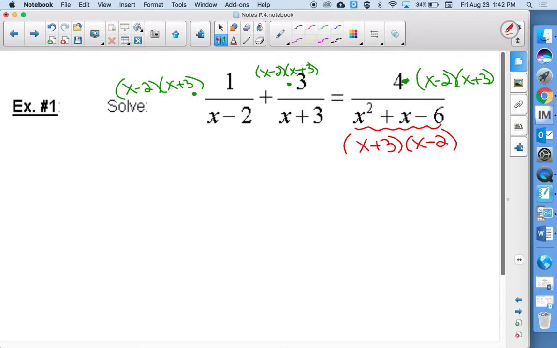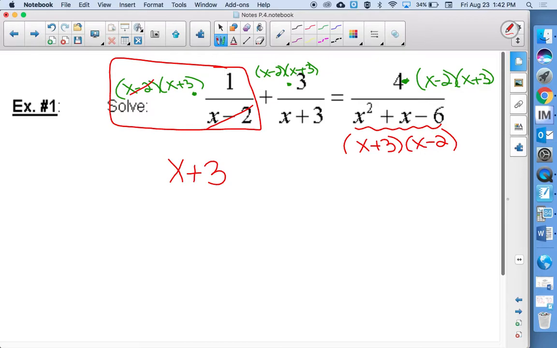Odette, do you know what happens then to this first fraction when multiplied by the common denominator? X minus 2 cancel. Yeah, so the piece in the denominator cancels with the part that it has in common with the least common denominator. And then Odette, what do you have left? You have x plus 3.